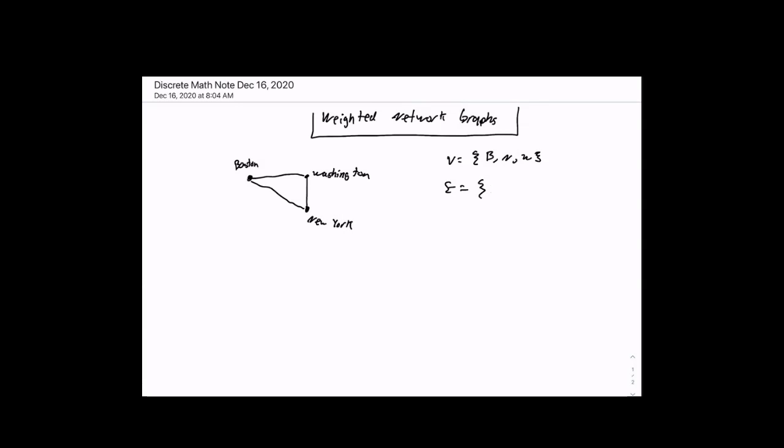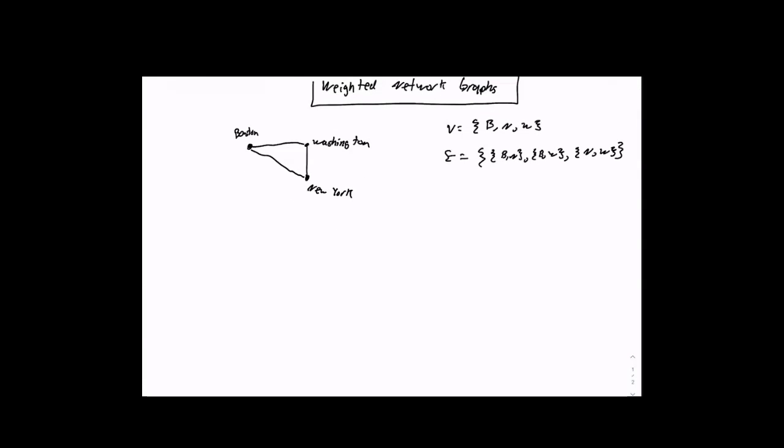It could be directed, but there's both directed and undirected. You'll see both in your homework tonight. We have BN, we have BW, and we have NW. So just like a normal network, we have these connections.